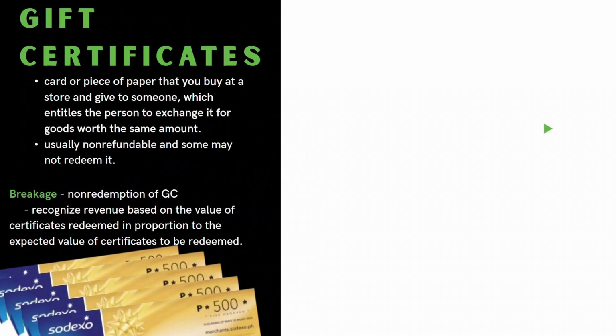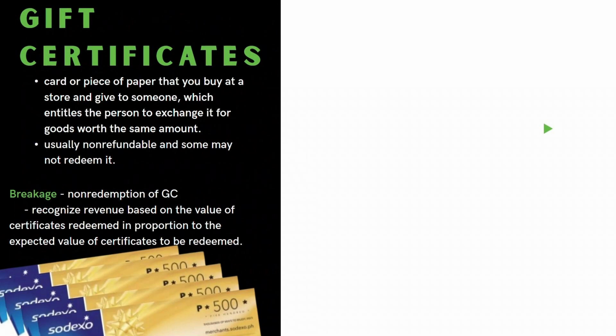So breakage is the term for the gift certificates that were not redeemed. Okay? So we will recognize revenue based on the value of the certificates redeemed in proportion to the expected value of the certificates redeemed.